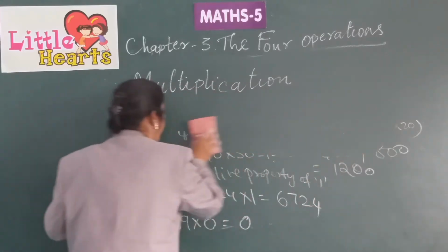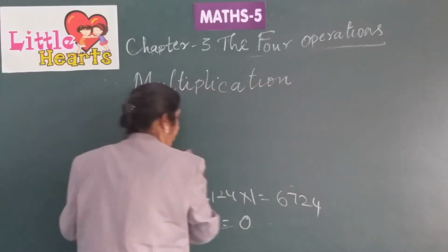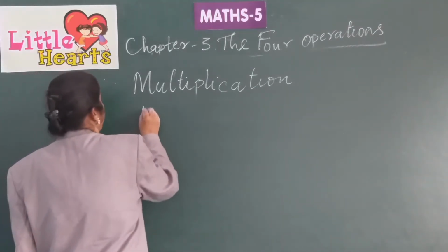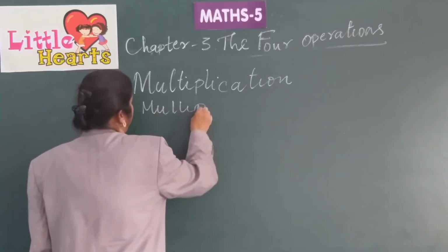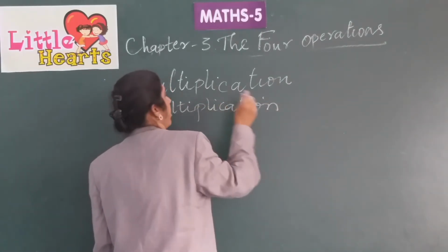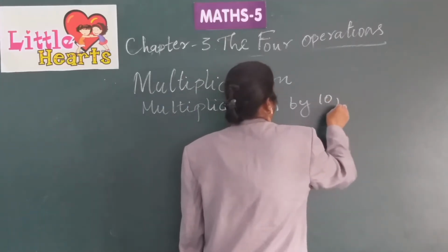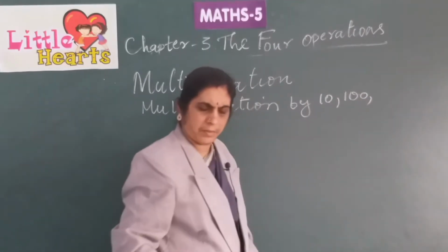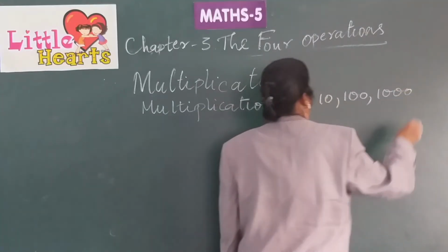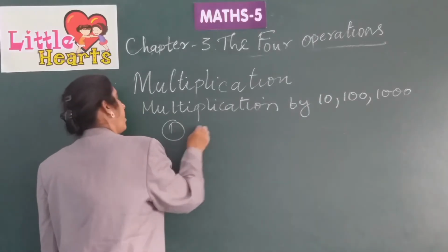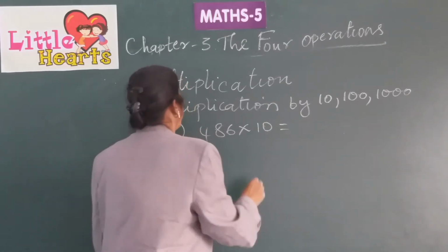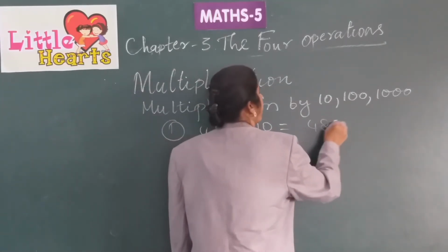And if you multiply any number by 10, multiplication by 10, 100, 1000. 486 into 10. Just the given number followed by 1 zero.